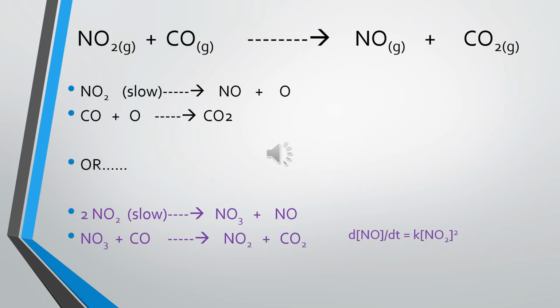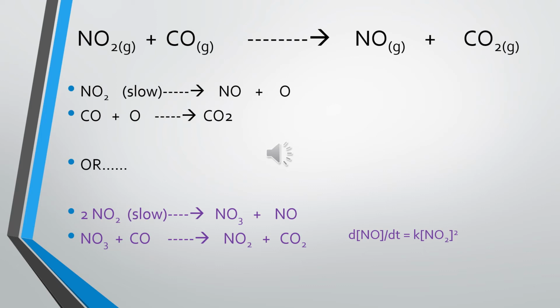And I say believed to be because we can never know for sure. We can never know for sure because the reaction mechanism is determined by experiment. You can see below that someone did a kinetic experiment and determined that the rate of formation of nitrogen monoxide, d[NO]/dt, is proportional to the square of the time-dependent concentration of nitrogen dioxide.